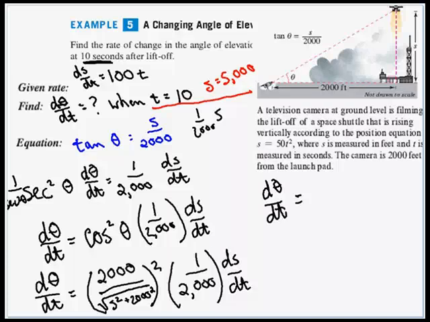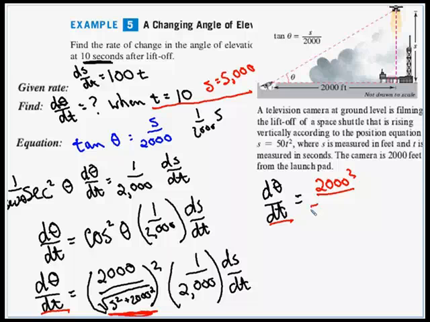So back to here, d theta dt is equal to 2,000 over this quantity under the radical, squared. Well, if we square that, our numerator will be 2,000 squared, divided by, the square and the square root cancel out. So the radical's now gone, and we have s squared plus 2,000 squared.